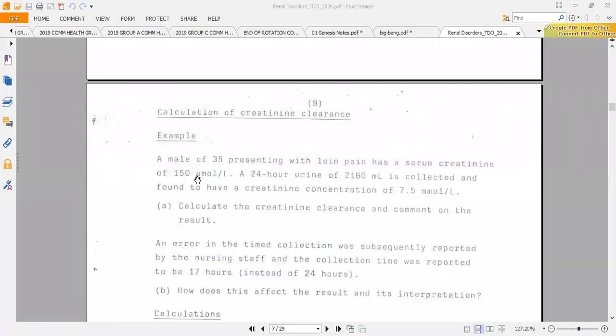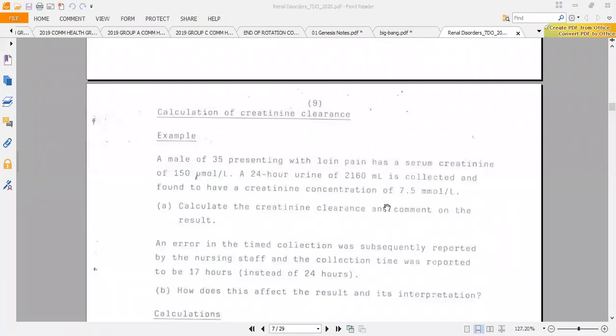You can multiply this by 10 to the power 3. Then with this volume times this concentration, I would divide it by this 150, and whatever value I get is equal to the creatinine clearance.